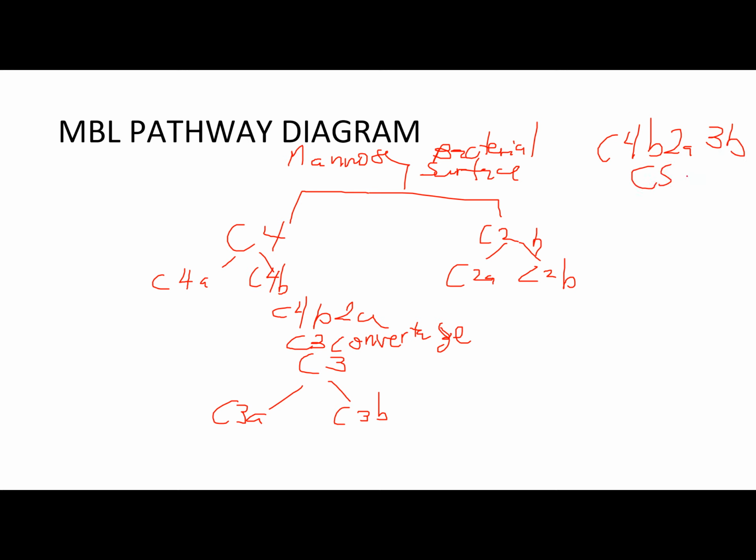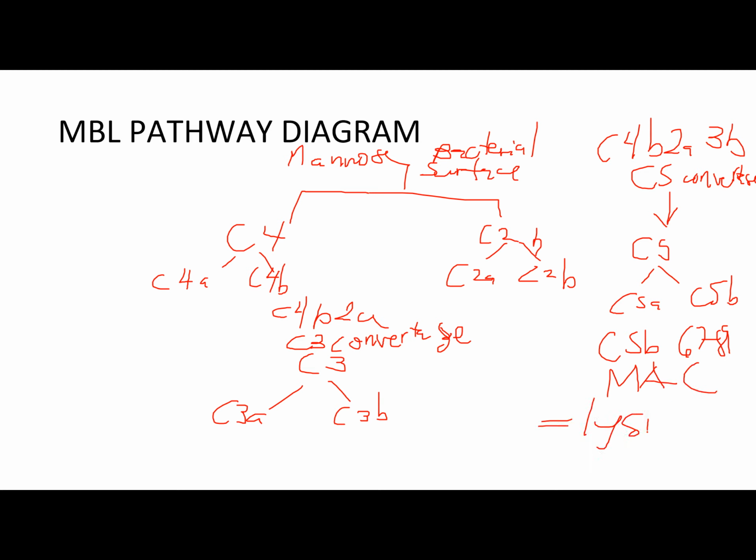This is now known as your C5 convertase. Now, the C5 convertase C4B2A, 3B would now cleave C5, forming C5A, C5B. C5B, class, would now cause the attachment of C6, 7, 8, and 9, forming the membrane attack complex, lysing the bacterial cell. So do take note of that. So it's similar, class, with your classical pathway. The only difference is how it is activated.